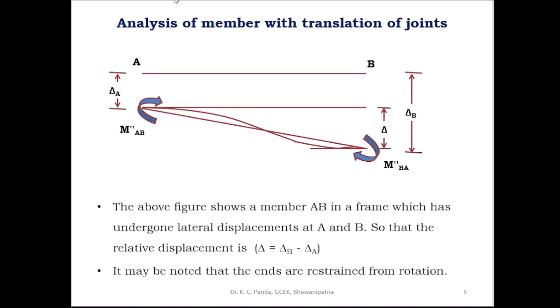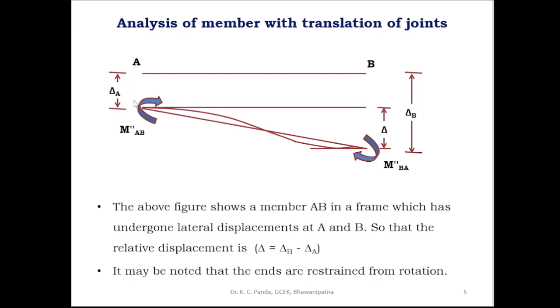So here, coming to the analysis of member with the translation of joints. Look at the figure. This is the member AB before translation of the joints A and B, and this is the member after translation of joint A and joint B. The joint A translates to this position and joint B translates to this position.